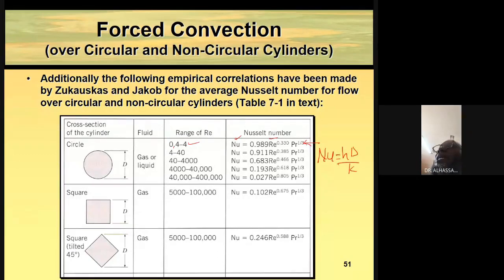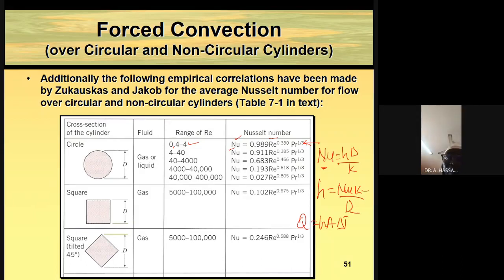So h will be equal to Nu times k divided by D. D is known already, thermal conductivity is known already, so you can find the value for h. And then eventually we can use this to determine the convection heat transfer, which is hAΔT.